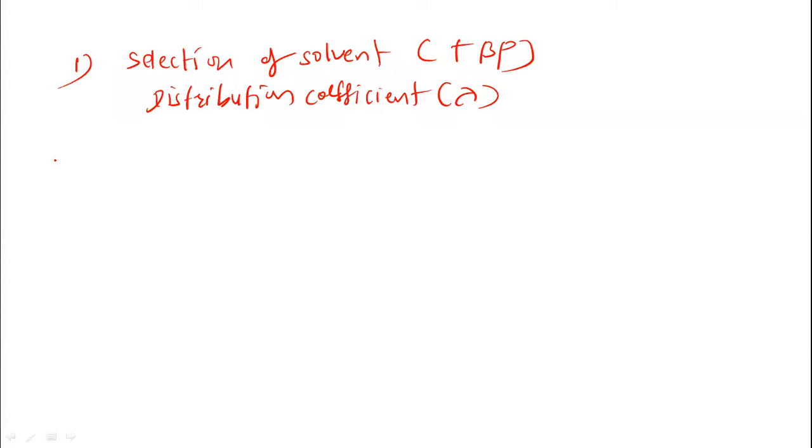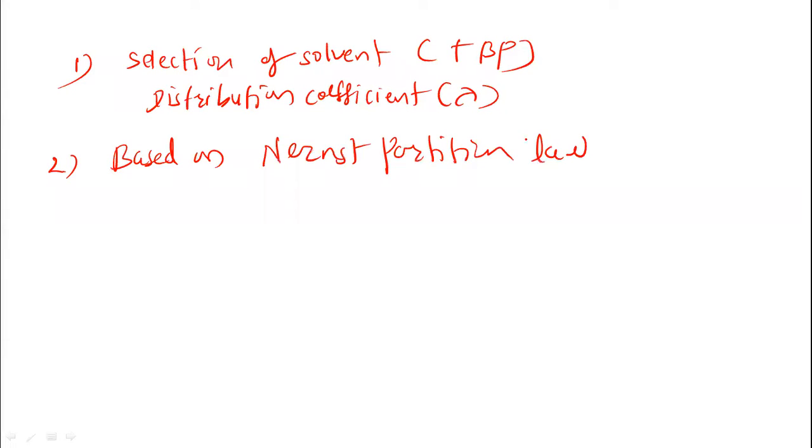Now this solvent extraction method is based on Nernst partition law, or Nernst distribution law. What is this law? The concentration of the solute in two immiscible solvents is constant at constant temperature.